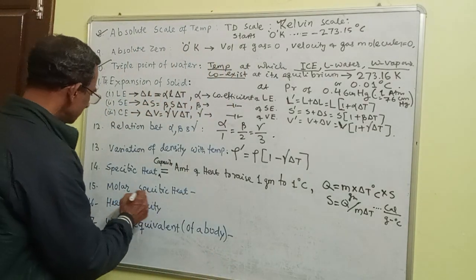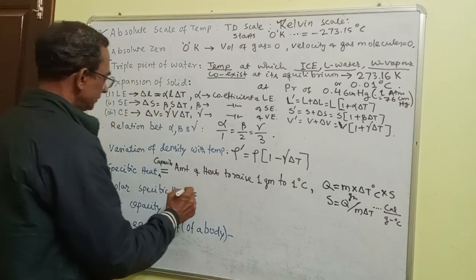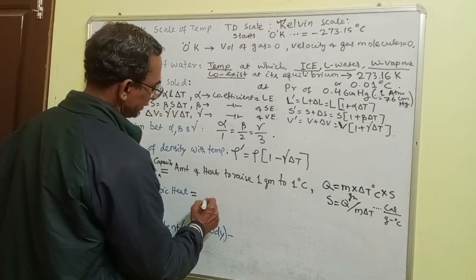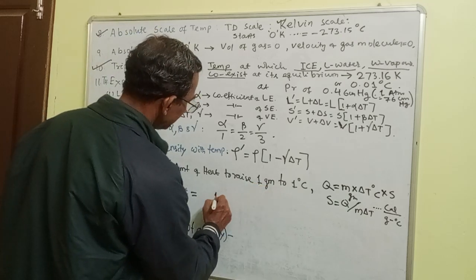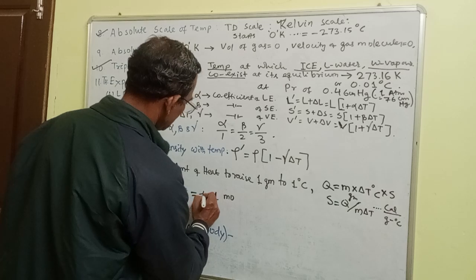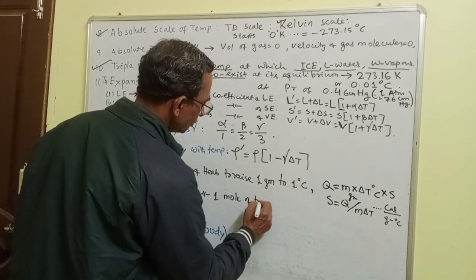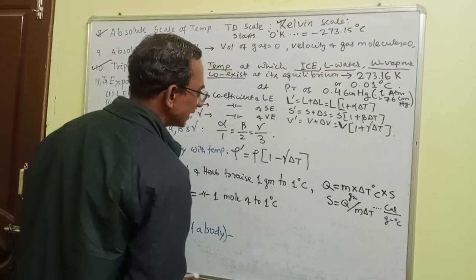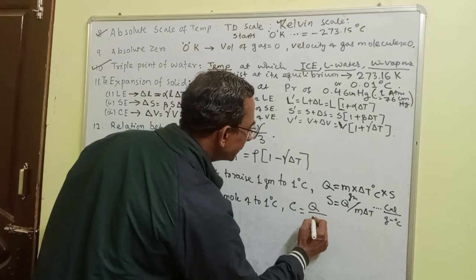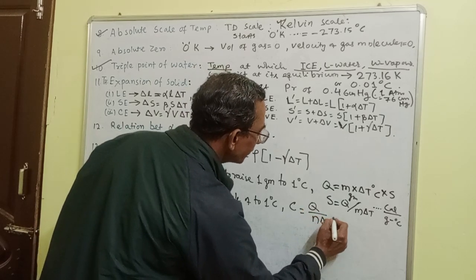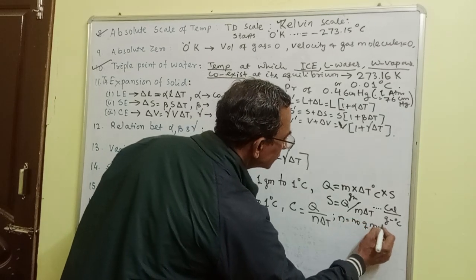Then what is molar specific heat? Molar specific heat is the amount of heat required to raise 1 mole of substance by 1 degree Celsius, or we can say C is equal to Q by n delta T, where n is the number of moles.